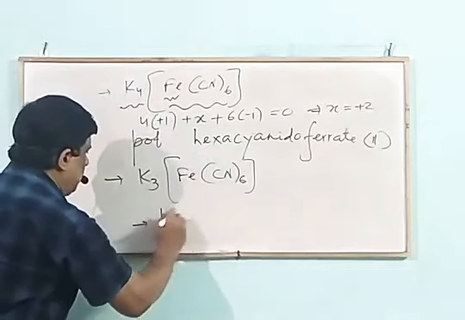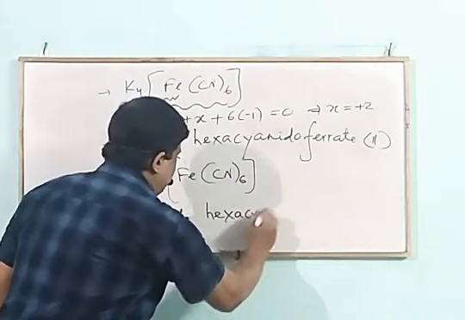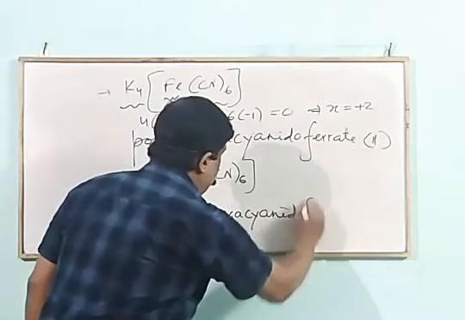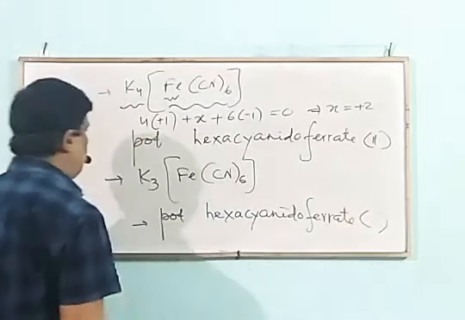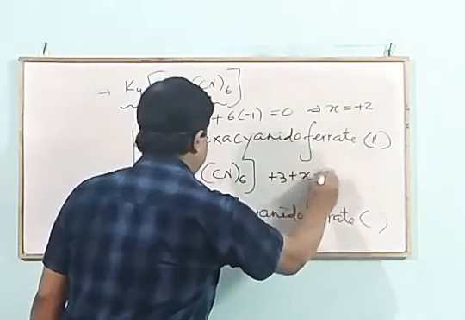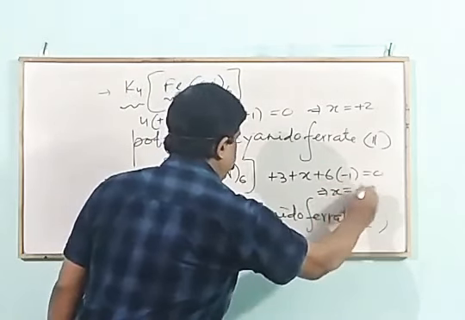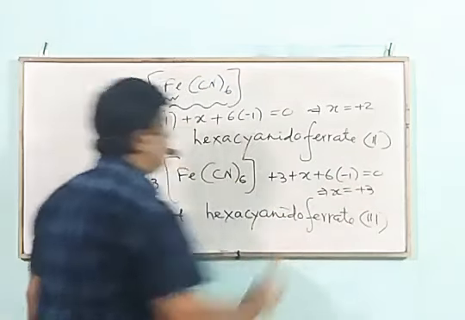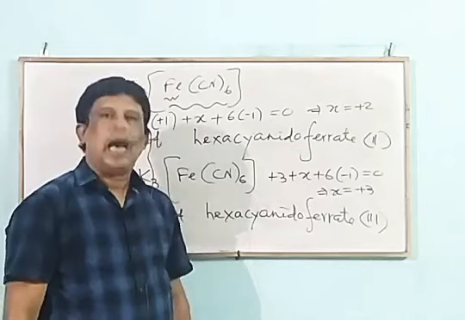Similarly, we write potassium, space, hexacyanido ferrate followed by the oxidation number. Mark that. It is plus 3 plus x plus 6 into minus 1 is equal to 0. On solving, x is equal to plus 3. These are some examples of anionic complexes.